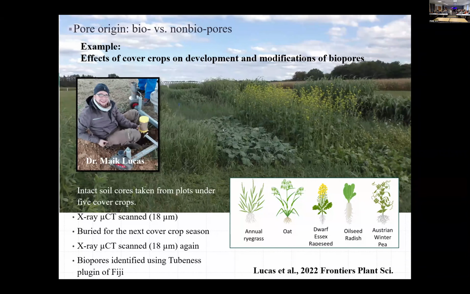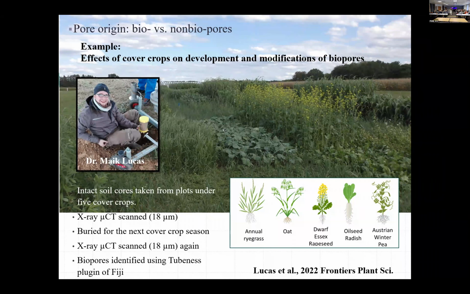He worked with 5 different cover crops that we had in small cover crop demonstration plots. We had soil cores taken, the same size as before, all the same settings, and we scanned them.